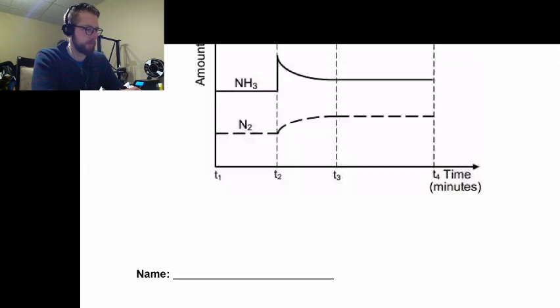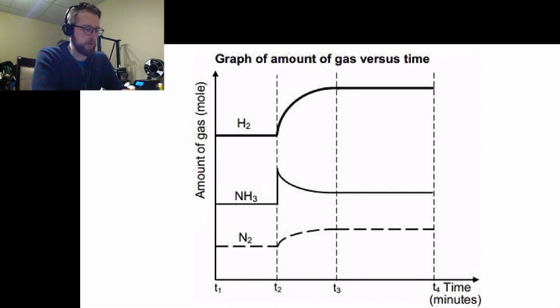And so that's what this graph is showing us here, this kind of reaction, at least from this point on. You can see the creation of H2 gas through the consumption of NH3 and the production of N2. And so these have complementary rates and speeds.